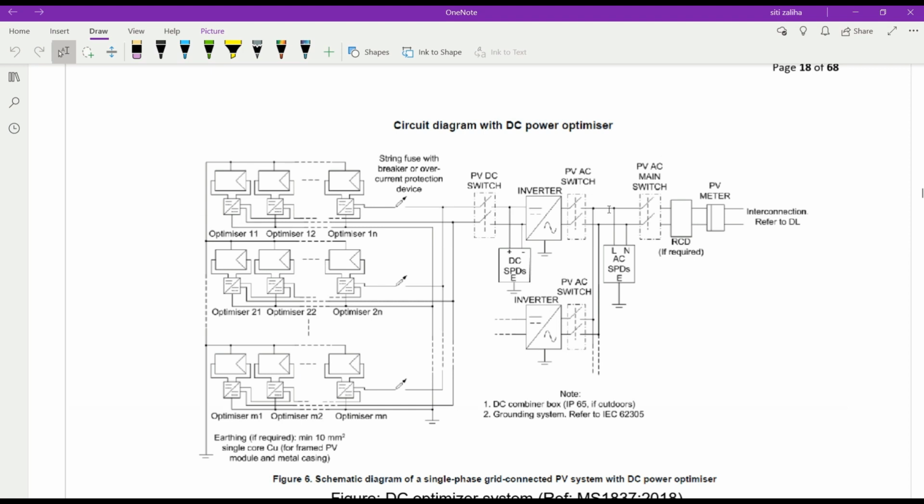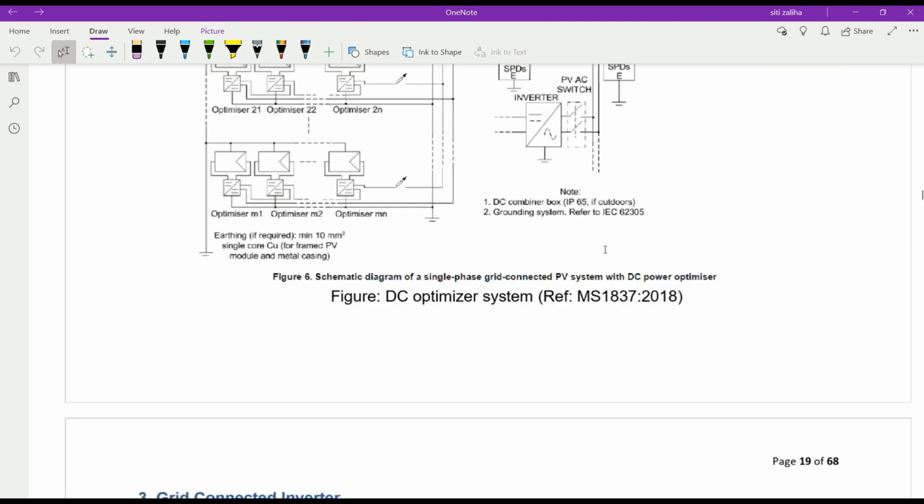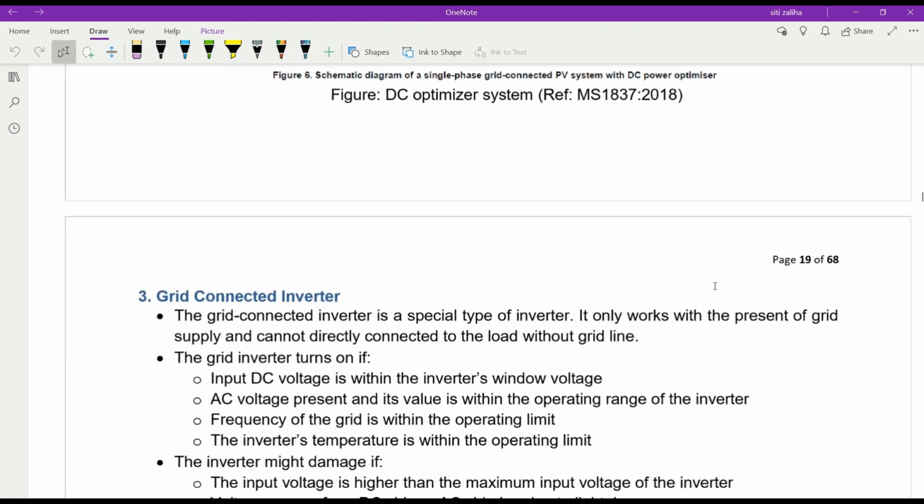Then PV AC switch, AC SPD, PV AC main switch, RCD if required, and the PV meter. So we have 6 types of GCPV system. Okay. All the information and the guideline you can refer to Malaysia Standard 1837 version 2018.